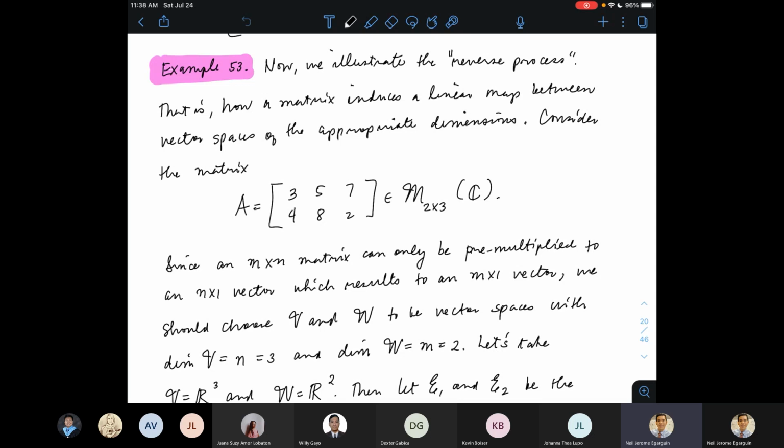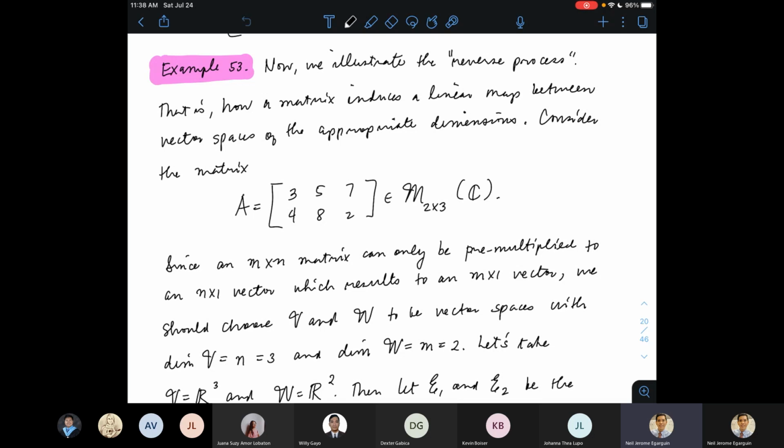All right. Last time, I think we have established the equivalence between the set of all homomorphisms or linear transformations between two vector spaces of the appropriate dimensions and the set of all m by n matrices, right? So we have developed sort of an algorithm on how to translate a linear transformation and find its matrix representation, right?